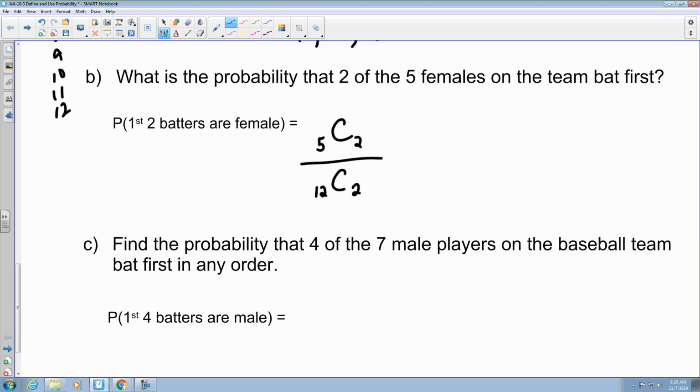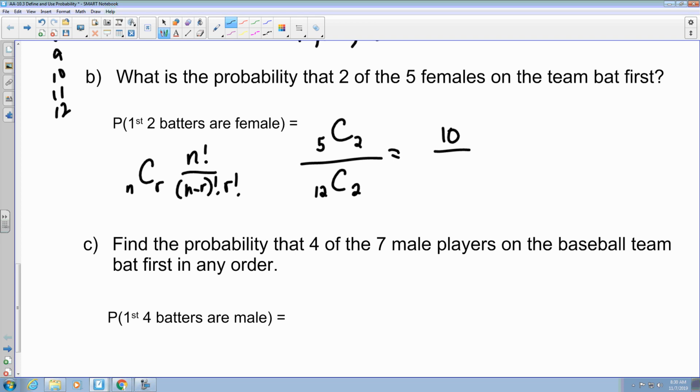Remember the combination formula for n and r: n factorial divided by n minus r factorial, times r factorial. When you plug 5C2 into the formula, we get 10 favorable outcomes.